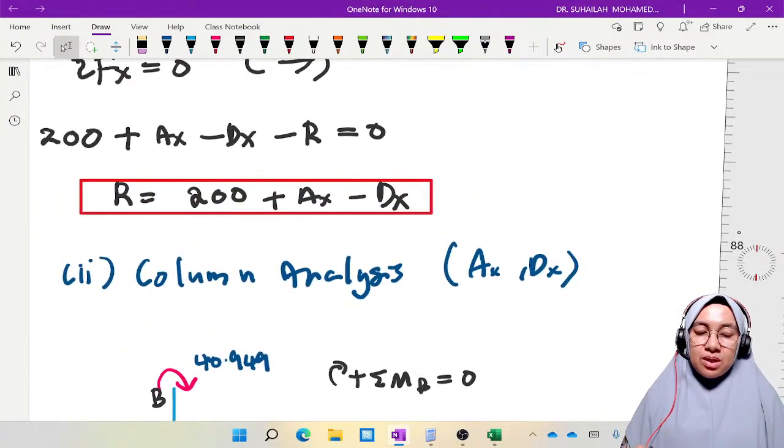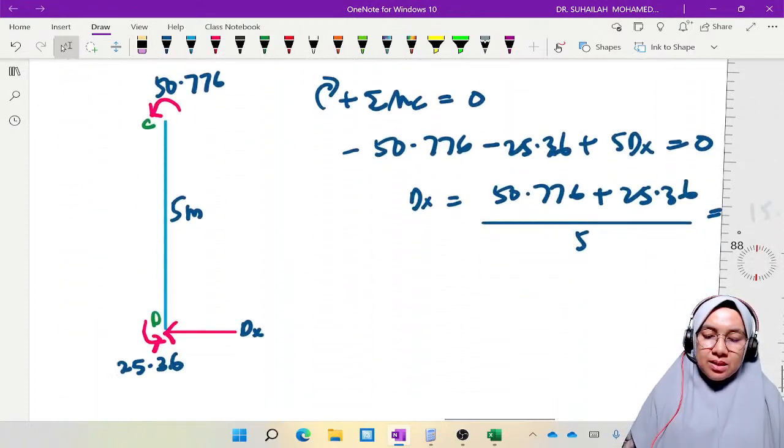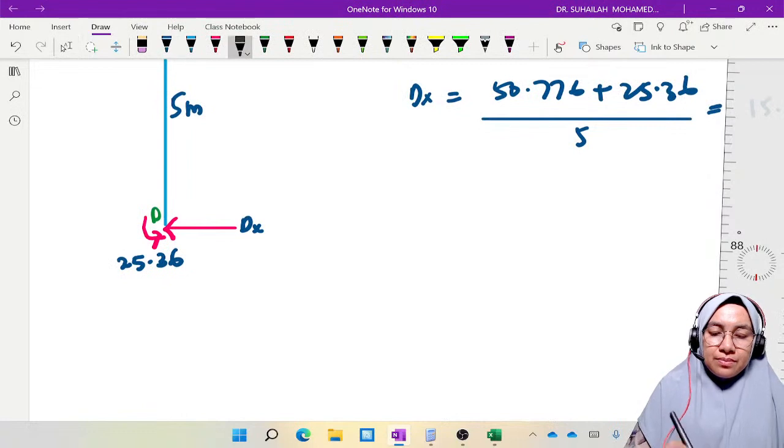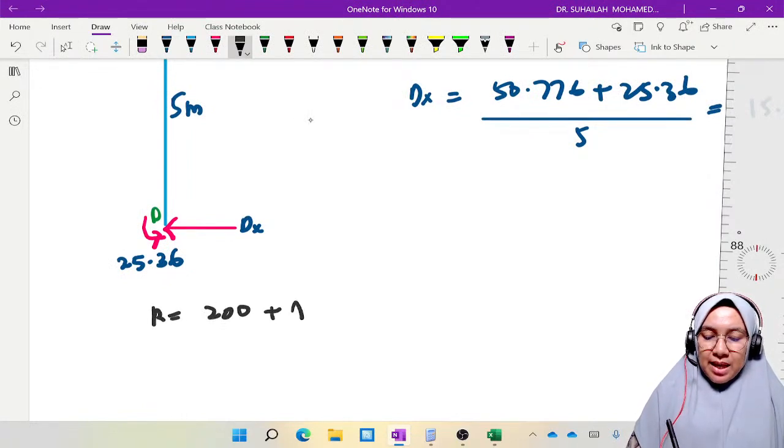We substitute into R. R is 200 plus AX minus DX.